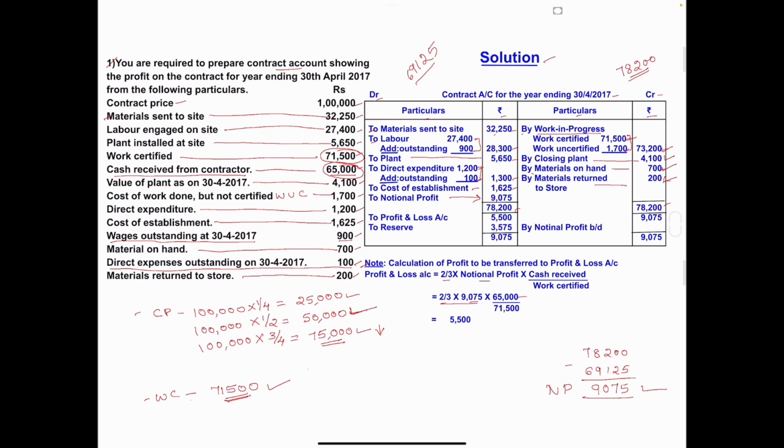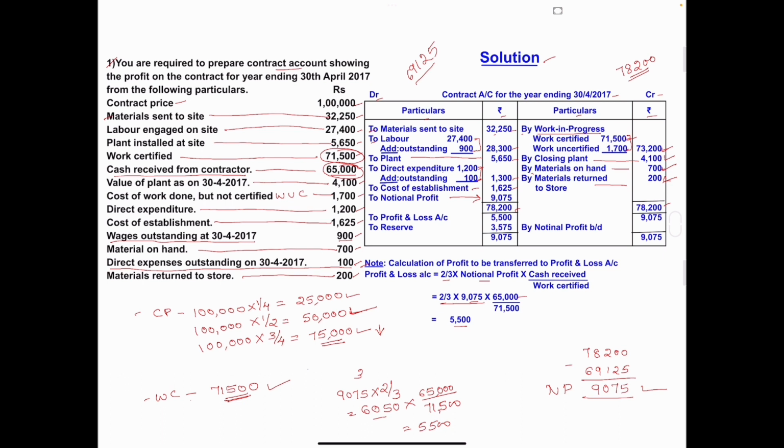So first calculate this one, 9,075 into two-thirds. You will get 6,050, and multiply this 6,050 with 65,000 divided by 71,500 and you will get 5,500. So this 5,500 is transferred to profit and loss account.